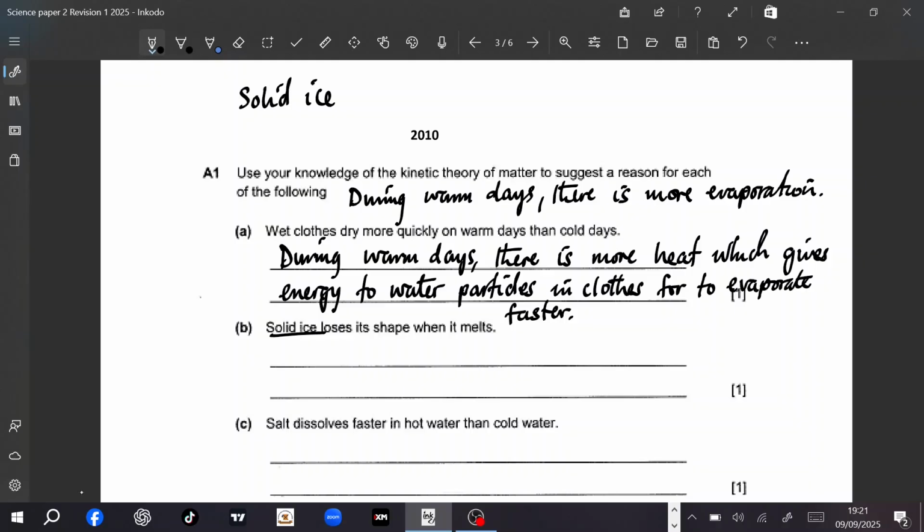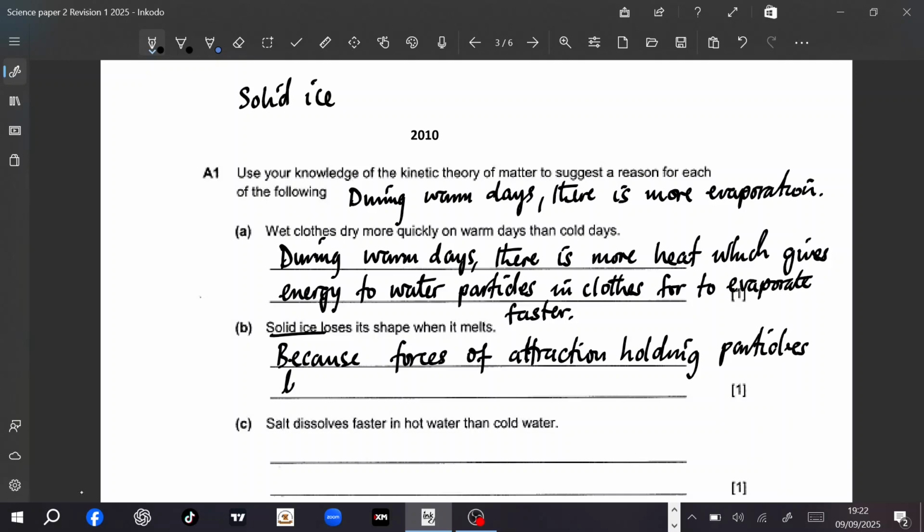So say because forces of attraction holding particles together become weak.